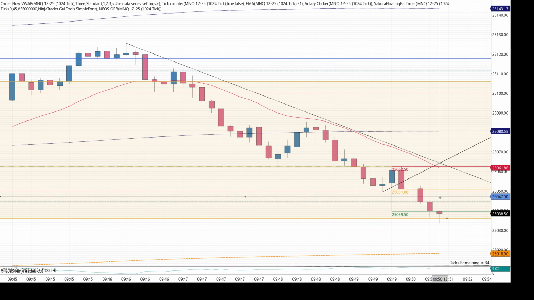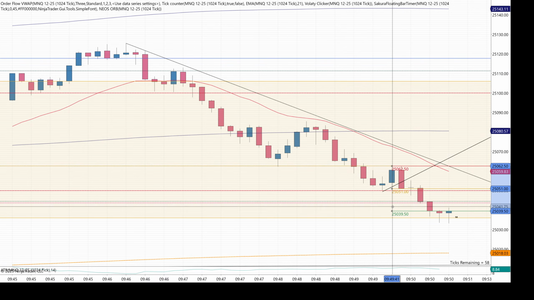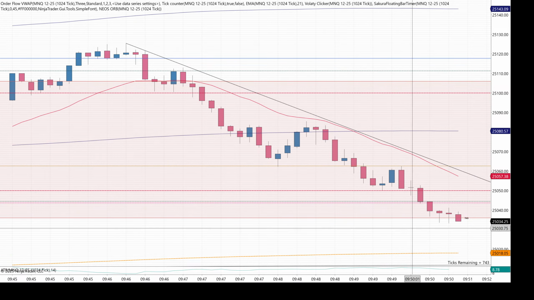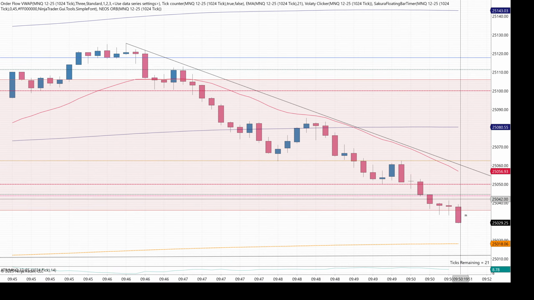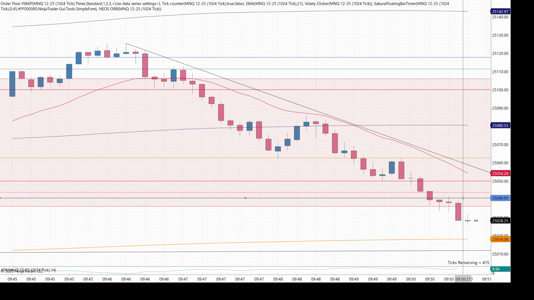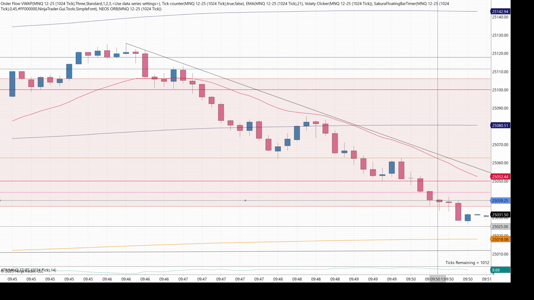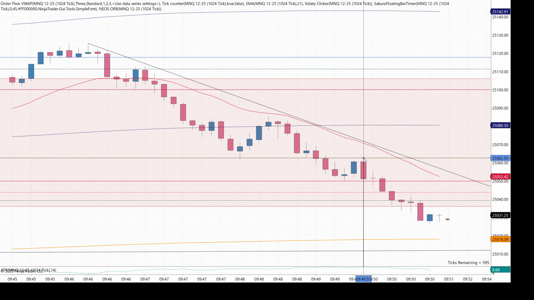It's crazy how fast these moves are happening today. Runner still running. We're now approaching VWAP, which could be our next area of support.